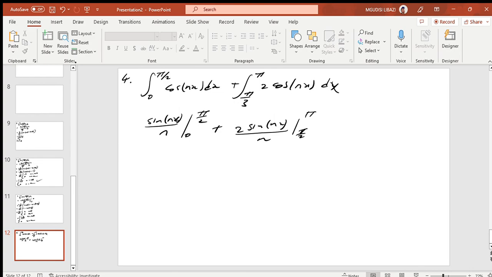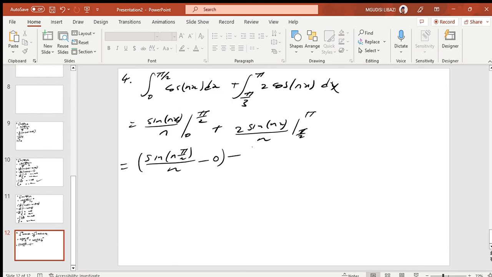So now we can actually substitute our limits. When we substitute pi over 2, we get sine of n pi over 2, and then all over n, minus, when we substitute 0, we get sine of 0, which will just be 0.